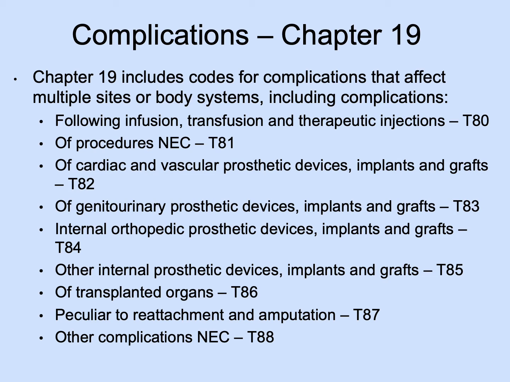This chapter includes codes for complications that affect multiple sites or body systems, including complications following infusion, transfusion, and therapeutic injections, complications of procedures, NEC, not elsewhere classified, of cardiac and vascular prosthetic devices, implants, and grafts, of genitourinary prosthetic devices, implants, and grafts, internal orthopedic prosthetic devices, implants, and grafts, other internal prosthetic devices, implants, and grafts, transplanted organs, peculiar to reattachment and amputation, and other complications not elsewhere classified.